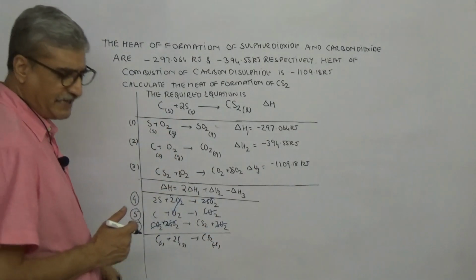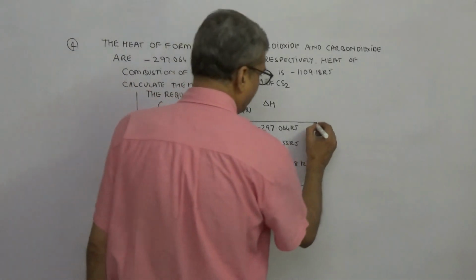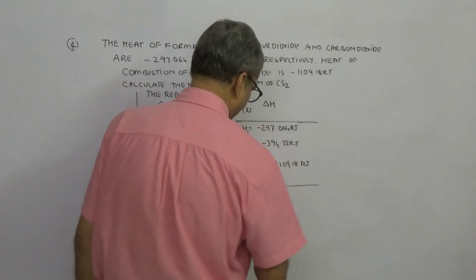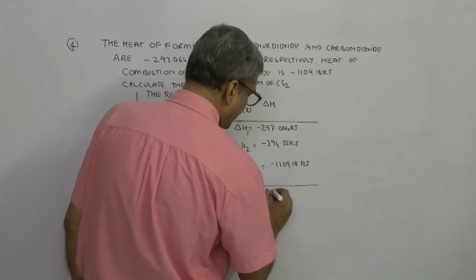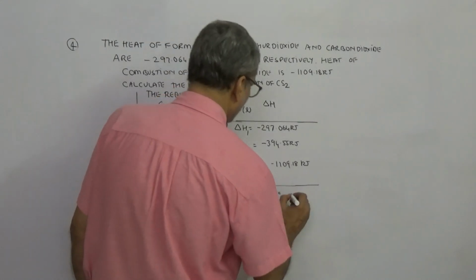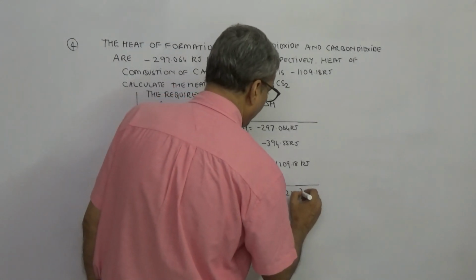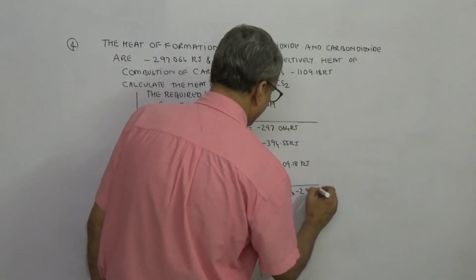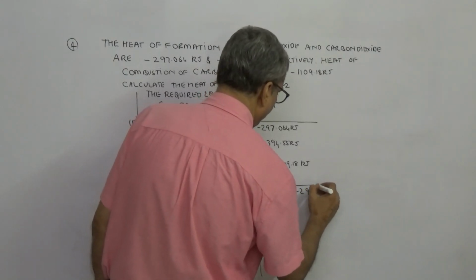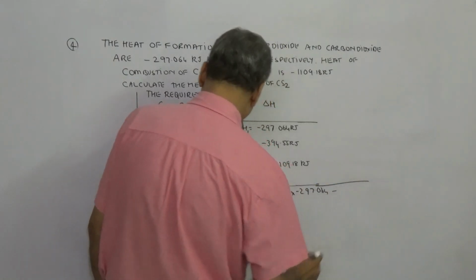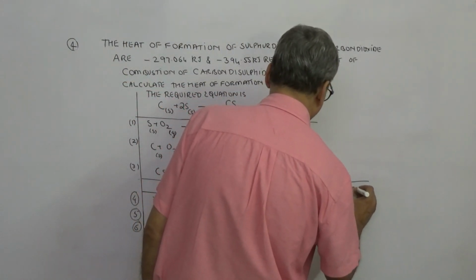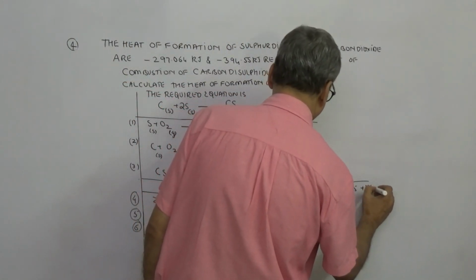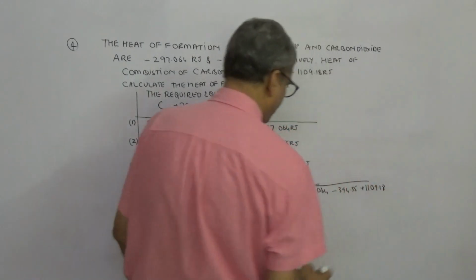So now we do the same mathematical calculation over here. So what do we get? I think this time we can do it over here. So delta H is equal to 2 times 2 into minus 297.064, minus 394.55 plus 1109.18.